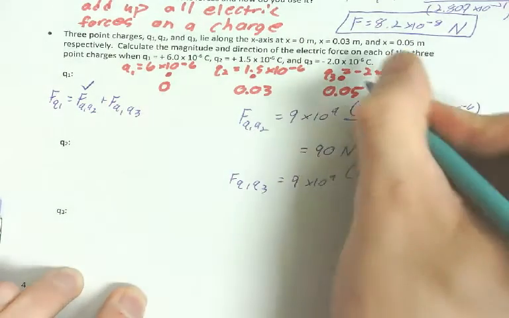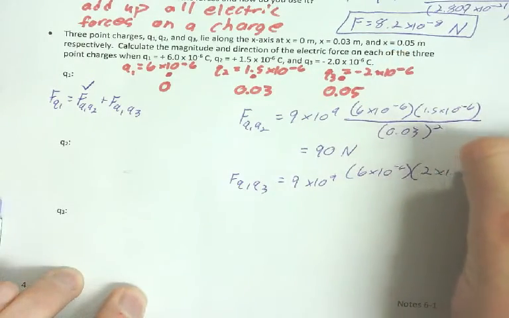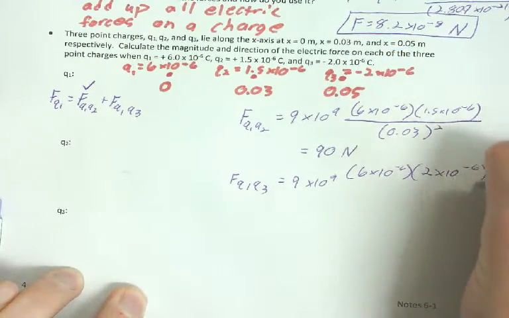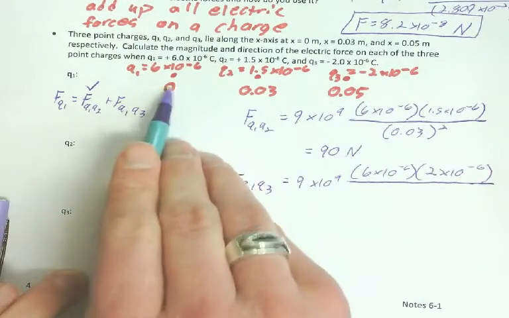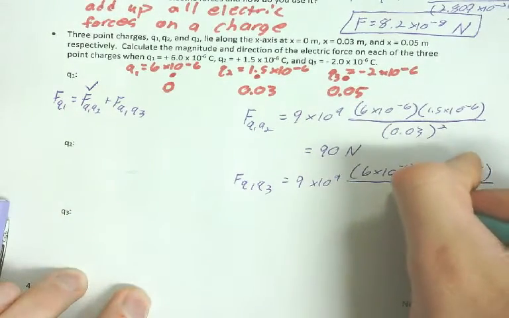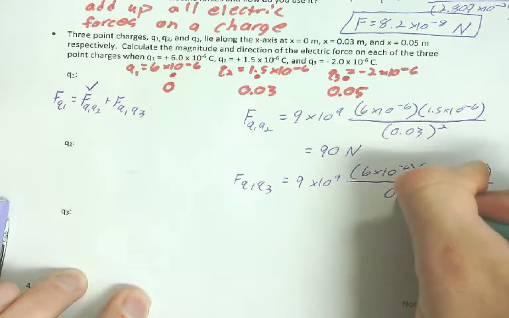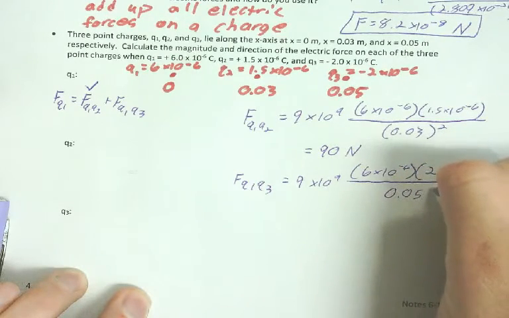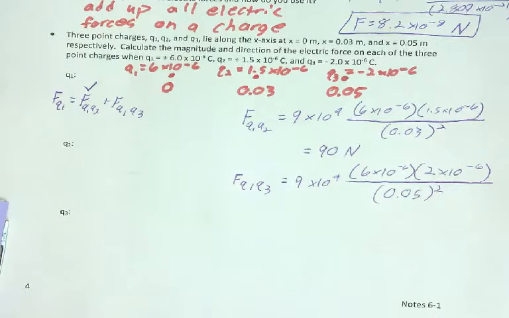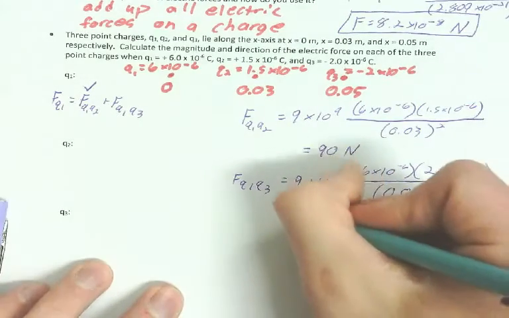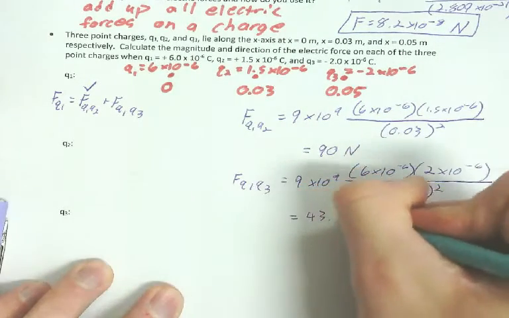Notice I'm not making it a negative 2. I'm just plugging in 2 times 10 to the negative 6. Divided by how far apart they are, to go from 0 to 0.05 is 0.05. So plug that one in. 43.2.